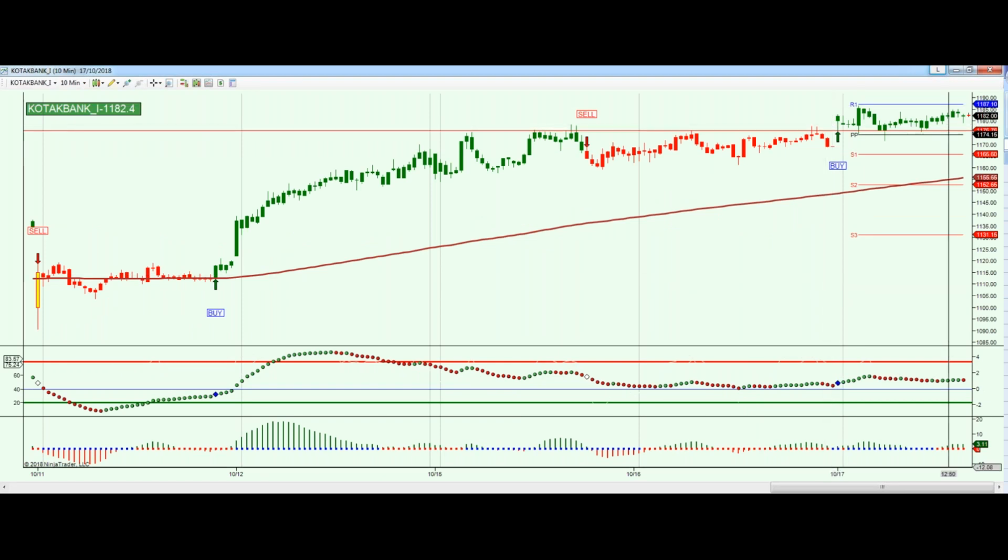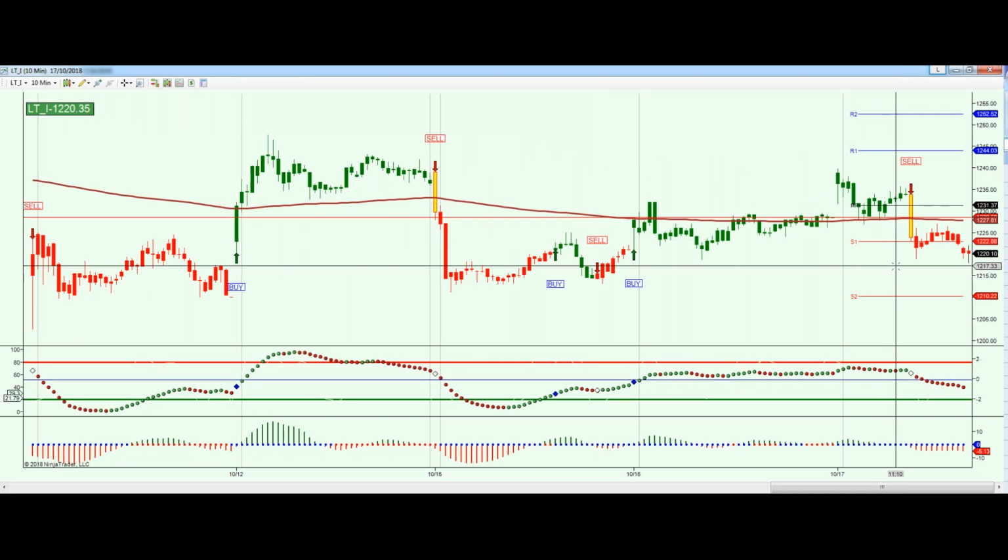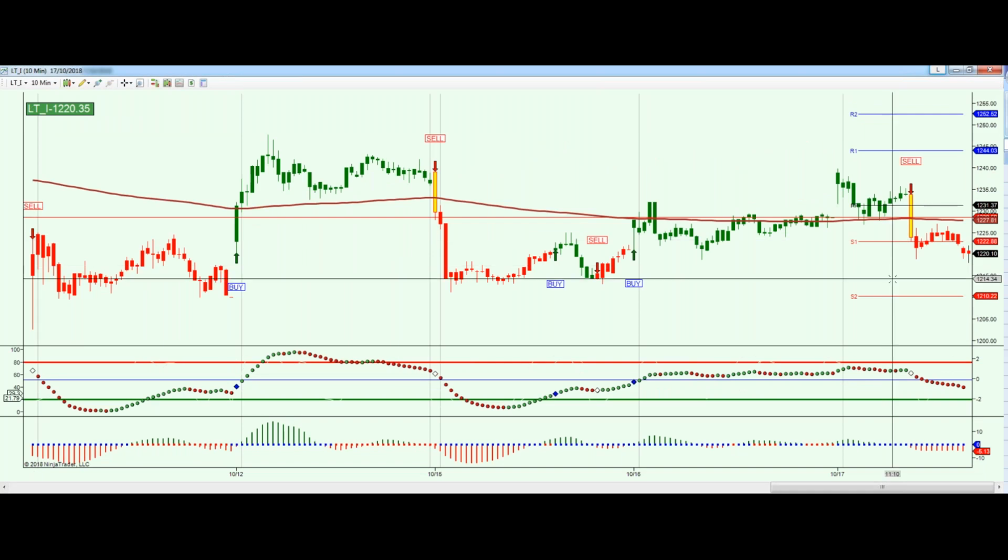L&T is a sell call at around 1220. So we can still expect a downward trend here. We can look for a target of 1214 here. Lupin, I already showed you both the buy and the sell calls.